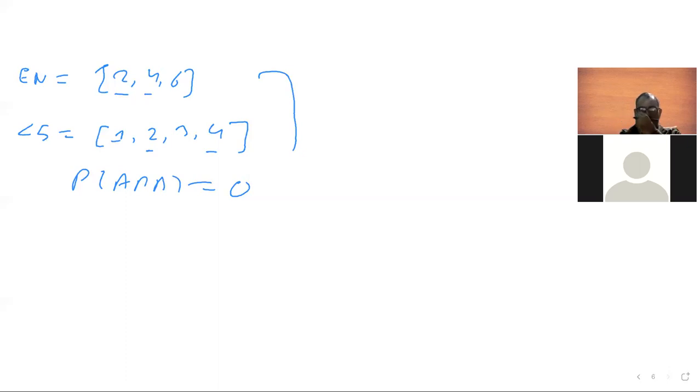Which means that they are independent. But the moment you do not replace it, the whole scenario will change. So if the first marble is not replaced before the second is selected, now they are dependent.